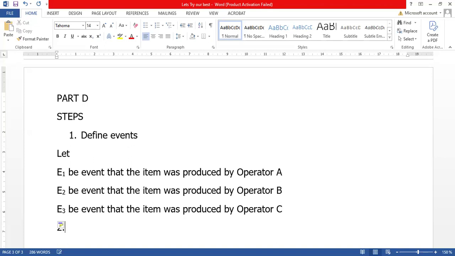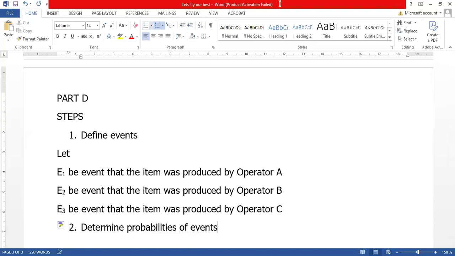Then step number 2: determine the probabilities of events.